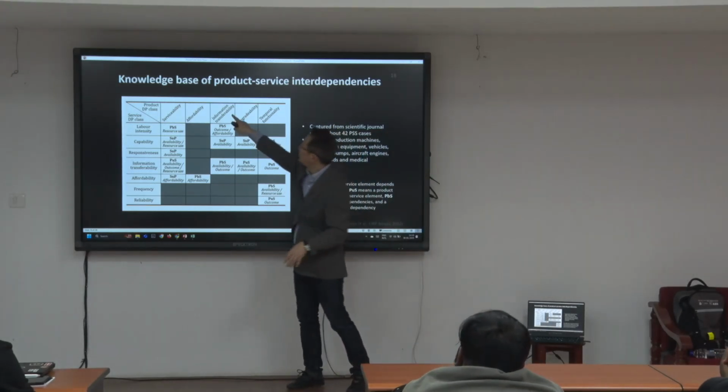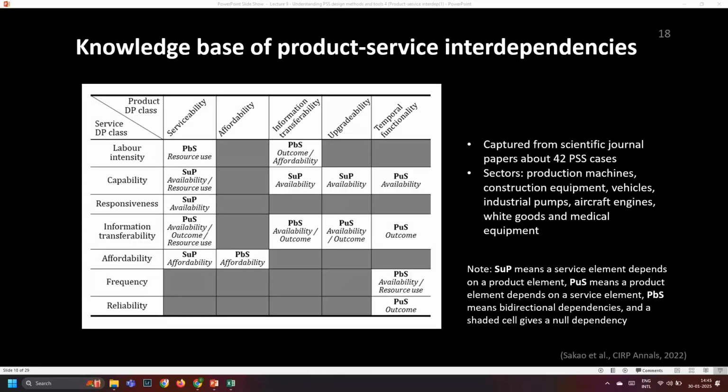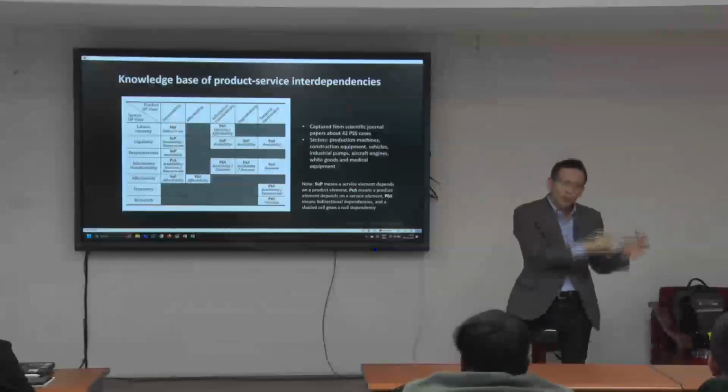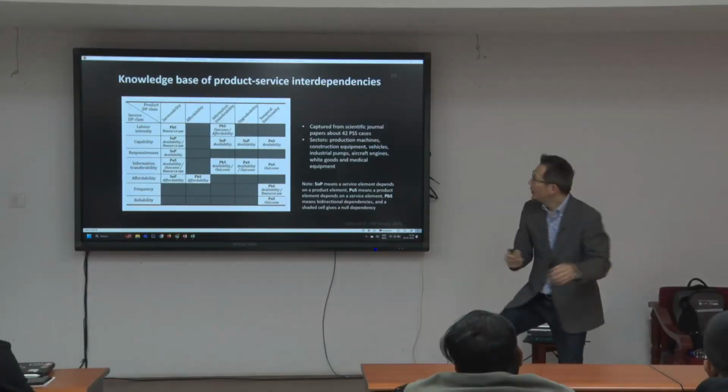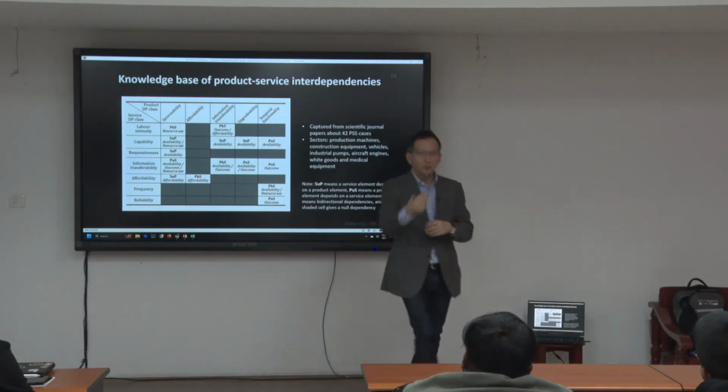If this knowledge base is well used in the design stage, and if this information transferability of the product and labor intensity were well integrated, then the service technician can fulfill the job effectively. But if that interdependency was not fully considered in PSS design, it's possible that the service technician cannot do the job.